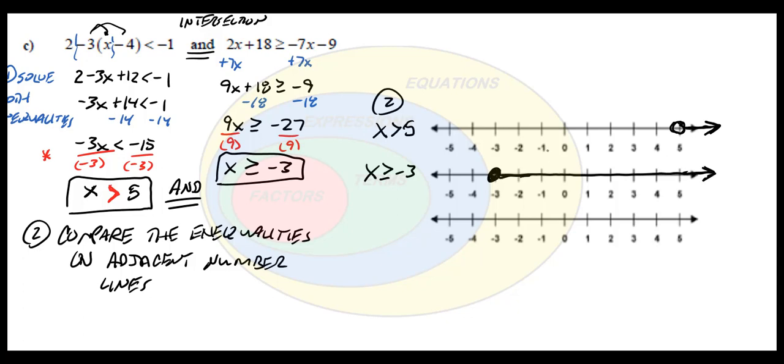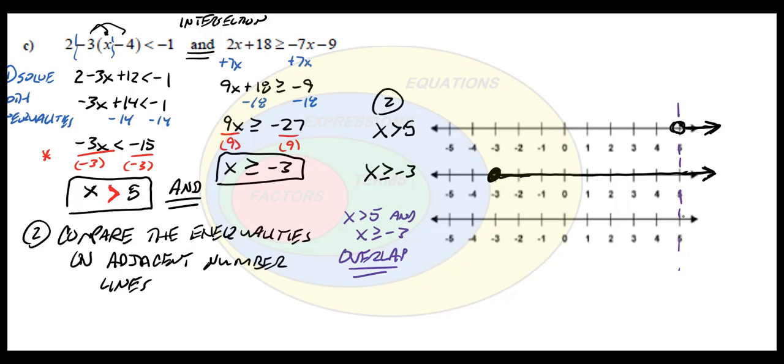And the last thing is our actual answer. Where is x greater than 5 and x greater than or equal to -3? And this is where we want to look for the overlap. Where do these two lines overlap? If I look at it, it looks like they start overlapping at 5 and everything to the right.